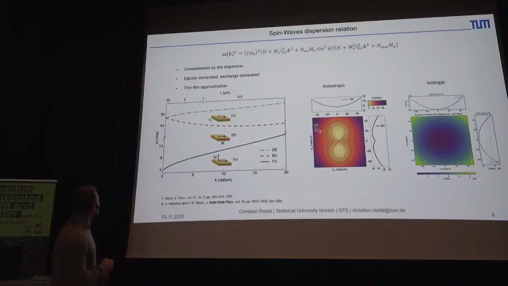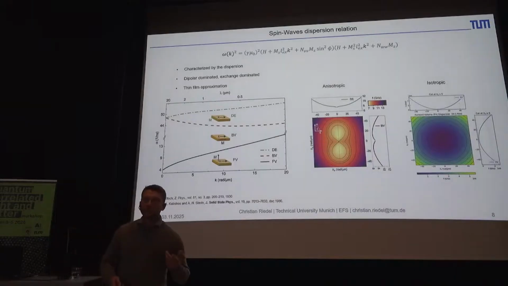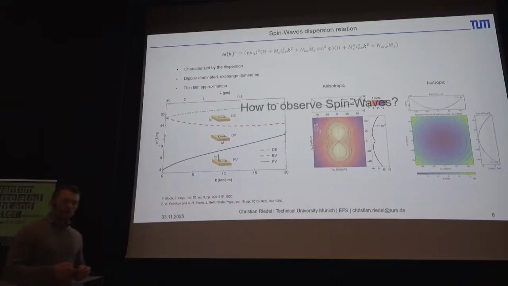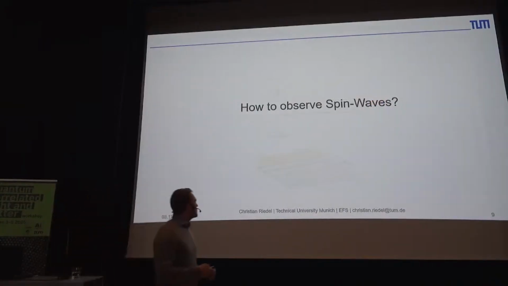And you can see this here again, if you plot the dispersion relation for all three spin wave modes, then you can see how they behave. For the backward volume mode, you can see a negative slope at the beginning, which gives you the group velocity, and this is why, as we have seen before, the phase propagates backwards.